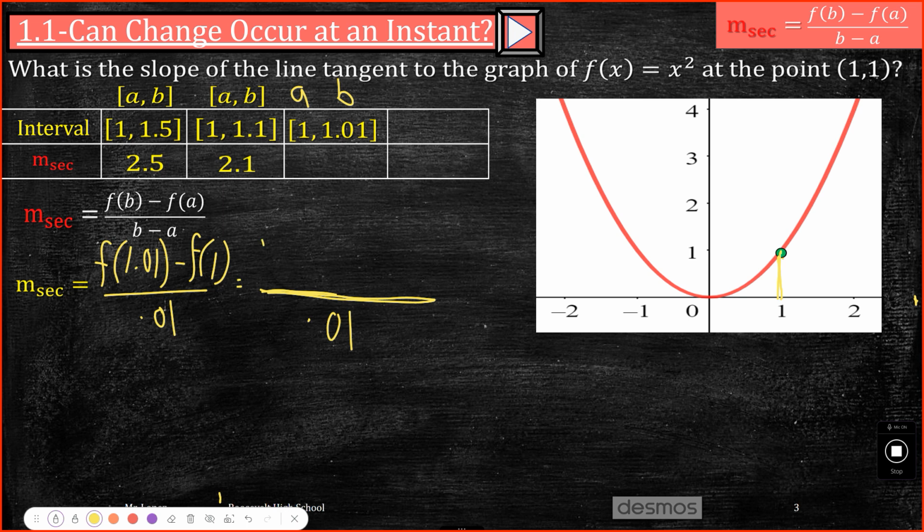Okay, I'm getting 1.0201 minus 1. Go ahead and do that: 1.0201 minus 1, divide that by 0.01.